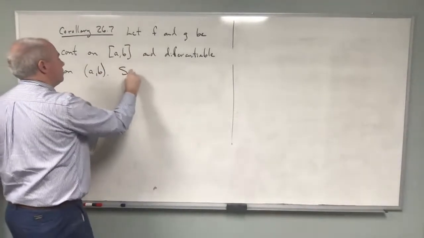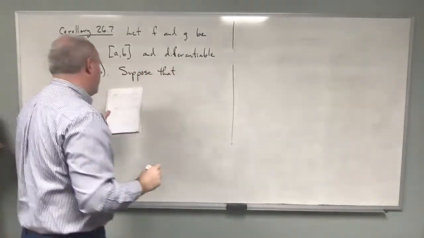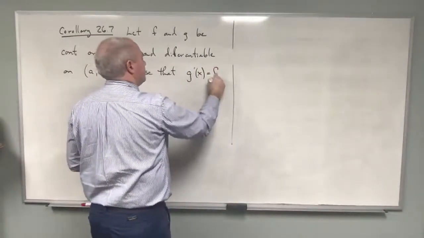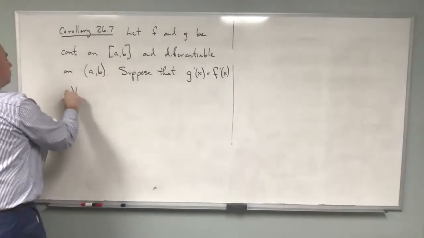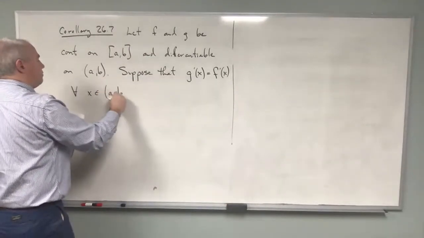Suppose that g prime of x is equal to f prime of x for all x in (a, b).